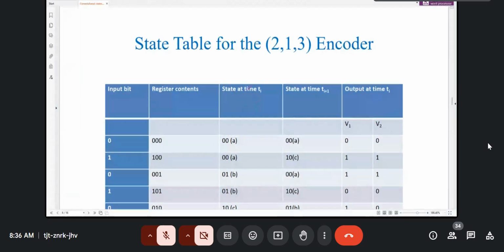But the state for this register content, the state is at time ti. Whatever time you start counting, at time ti it is 0, 0, which is state A, and at ti plus 1, when this 0 moves here, it becomes still 0, 0.